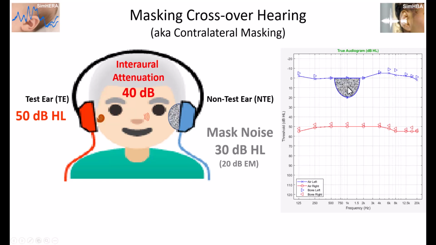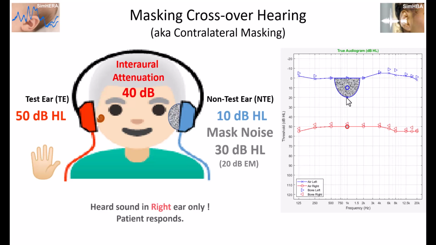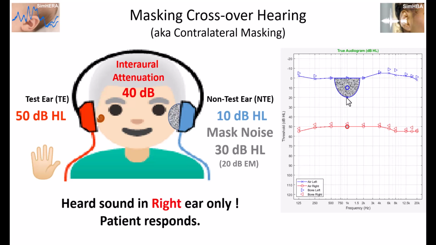So when that crossover stimulation happens and you do get 10 dB HL in the left cochlea, the left ear will not be hearing it because it will be under that elevated threshold due to that masking noise. So the patient now responds, but they're responding because they are hearing it in the right cochlea, not the left cochlea. So essentially what you're doing is isolating out the test ear from the non-test ear.